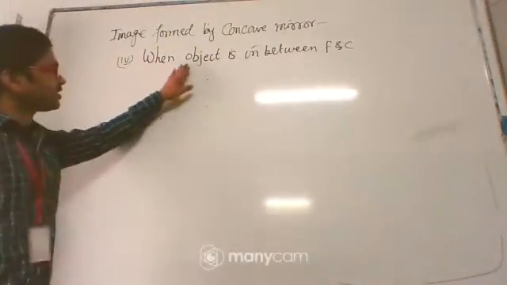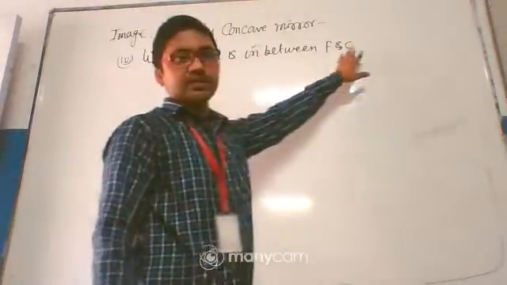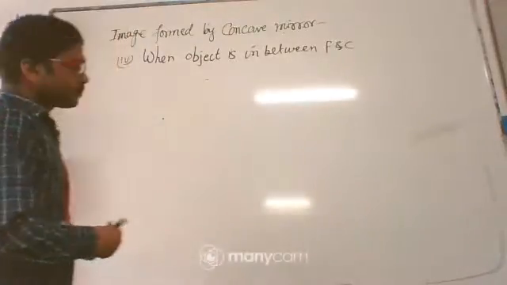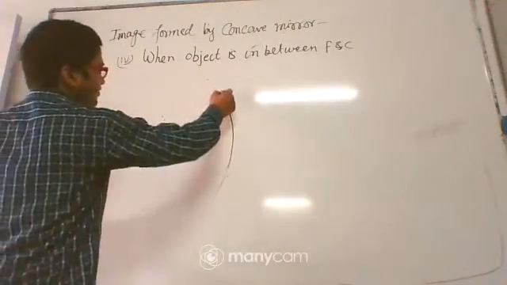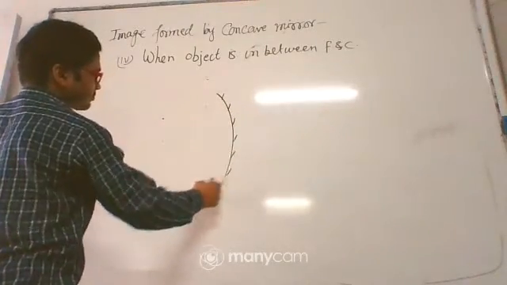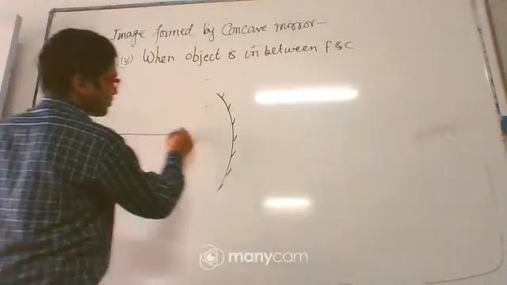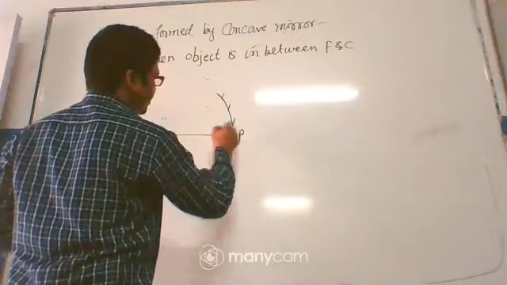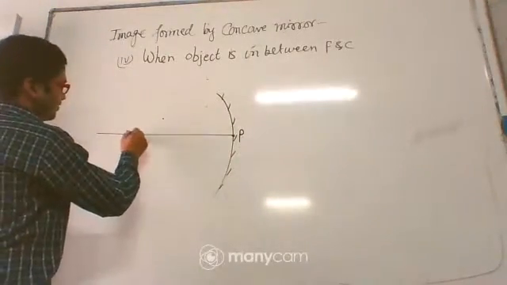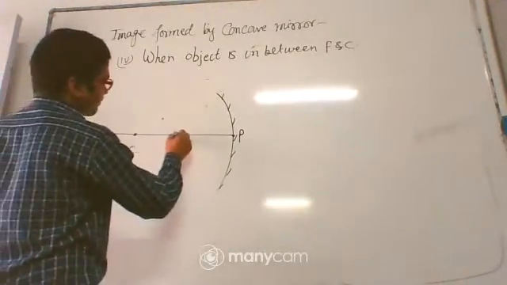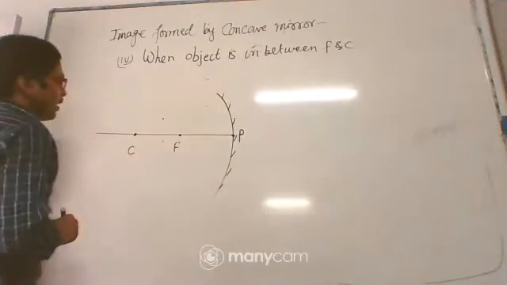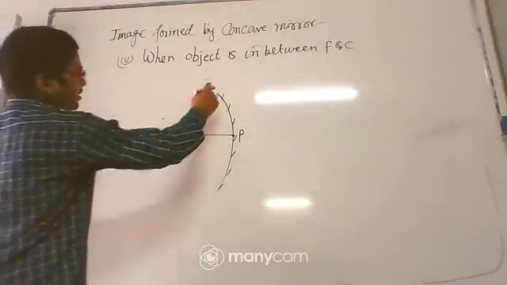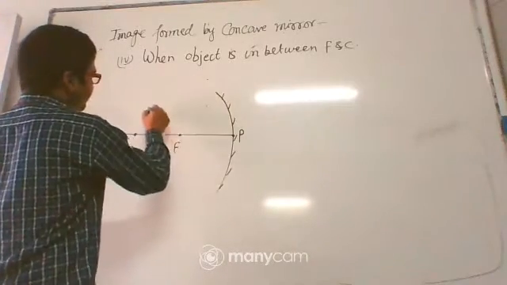This is the concave surface, and this is the principal axis. This one is the pole, then the center of curvature, then this is the focus, and in this case the object is in between C and F.